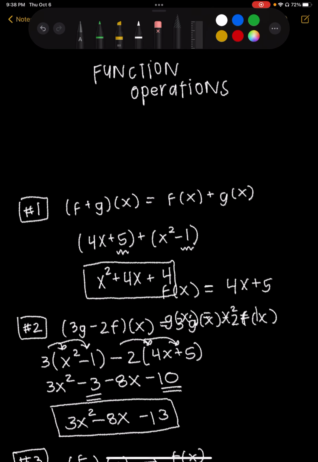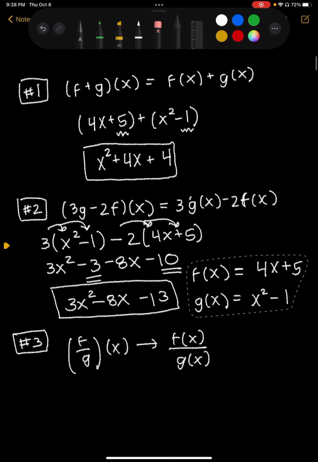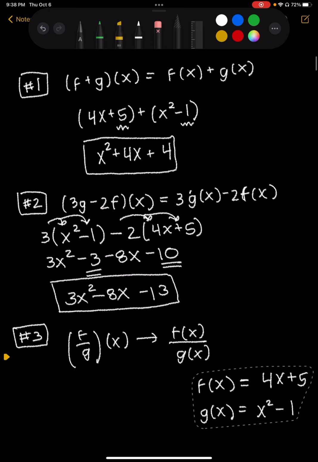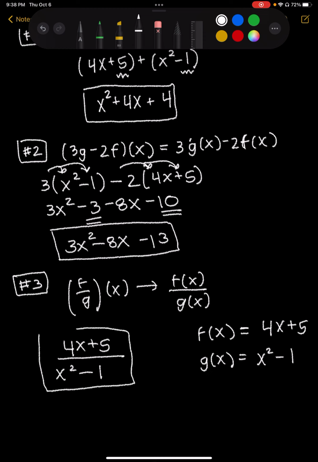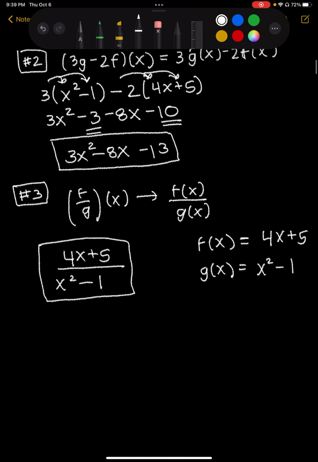I'm just going to put the f of x on top, which is 4x plus 5, and then the g of x on bottom, which is x squared minus 1. The division, while it looks a little bit more complicated, is actually pretty easy because this is just our final answer. There's nothing that we can do to simplify it, so we just leave it as a fraction in that form. Okay, and then one more example.